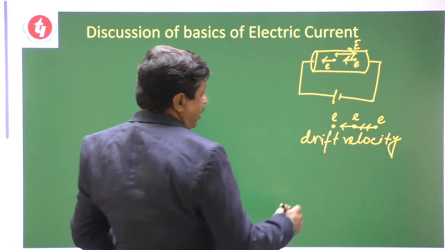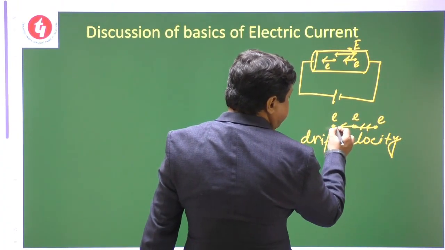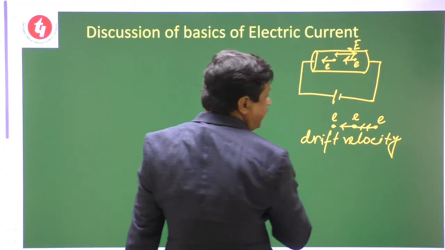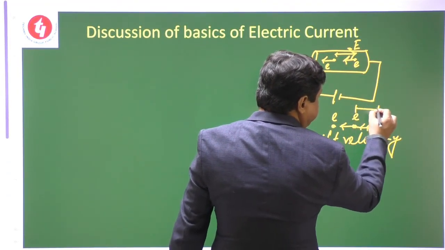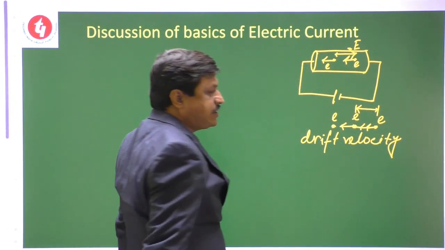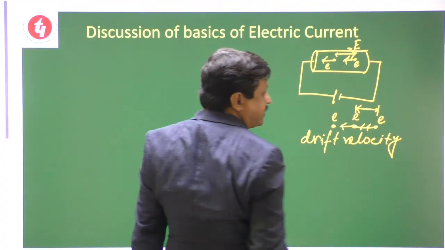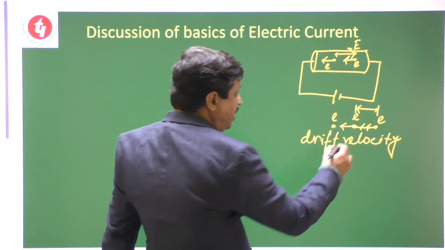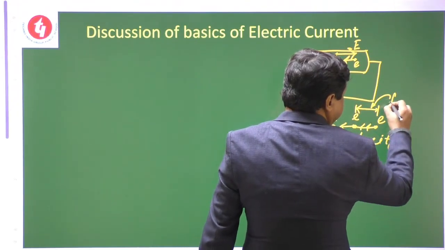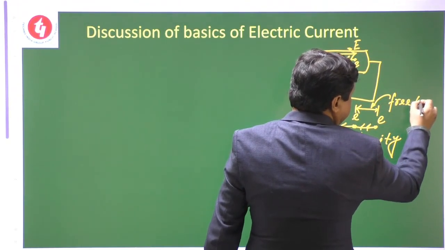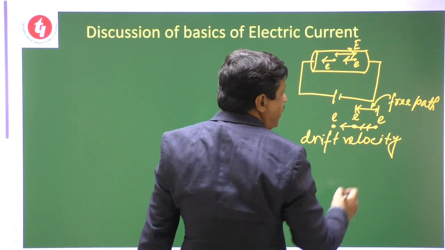See, this electron collides with this electron, which collides with that electron. The distance in between two successive collisions is called the free path. And the average of these distances is called the mean free path.